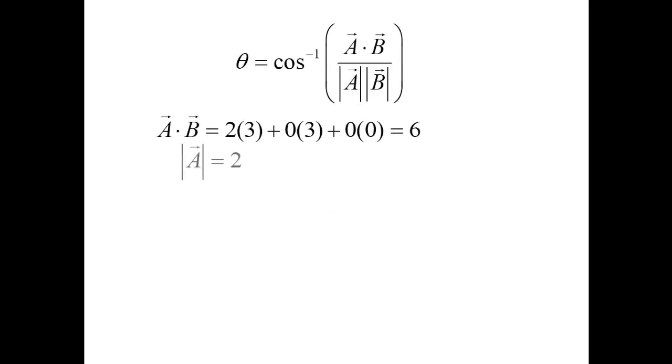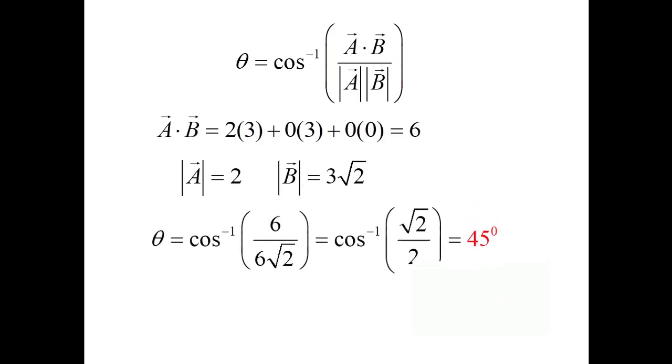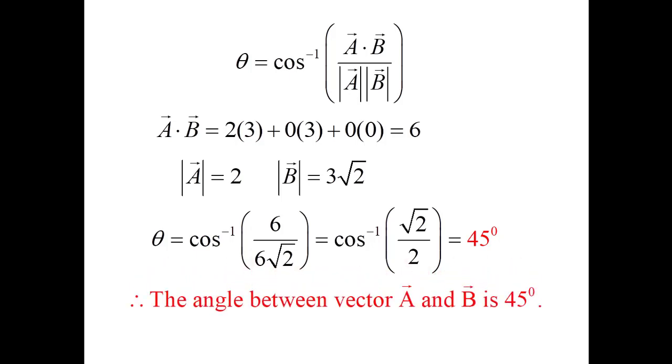So you directly substitute into our formula. A dot B is 6, magnitude of A is 2, magnitude of B is 3 root 2. Then theta becomes the cosine inverse of 6 divided by 6 root 2, and after simplification, the cosine inverse of root 2 over 2 becomes 45 degrees. So the angle between vector A and vector B is just 45 degrees.